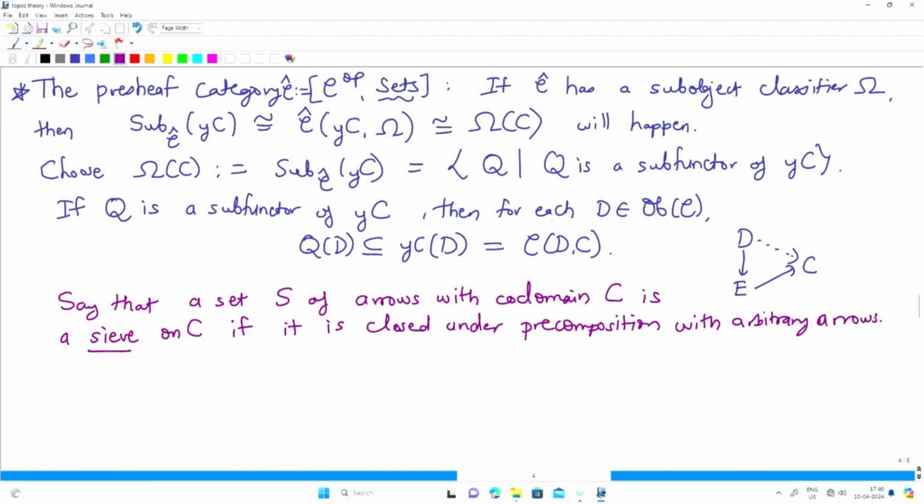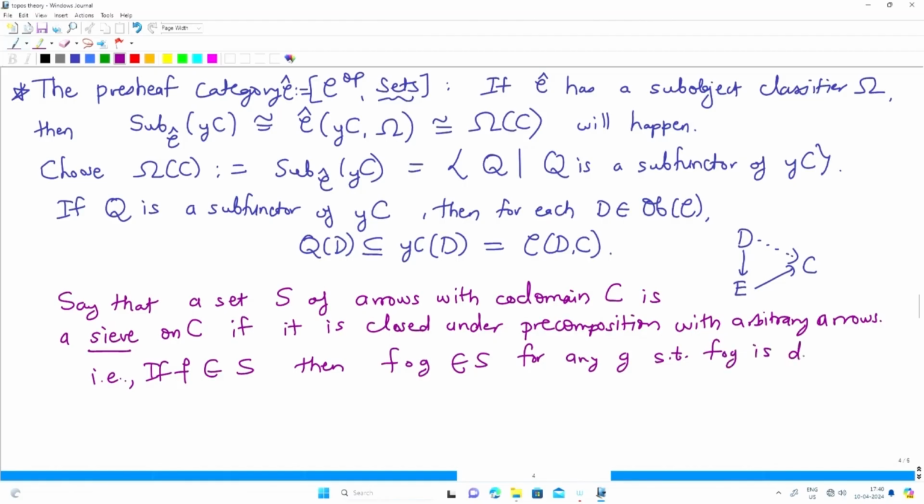Okay, what I am asking is this. If f belongs to S, then f composed with g belongs to S for any g such that f composed with g is defined. Okay, so this is a sieve.